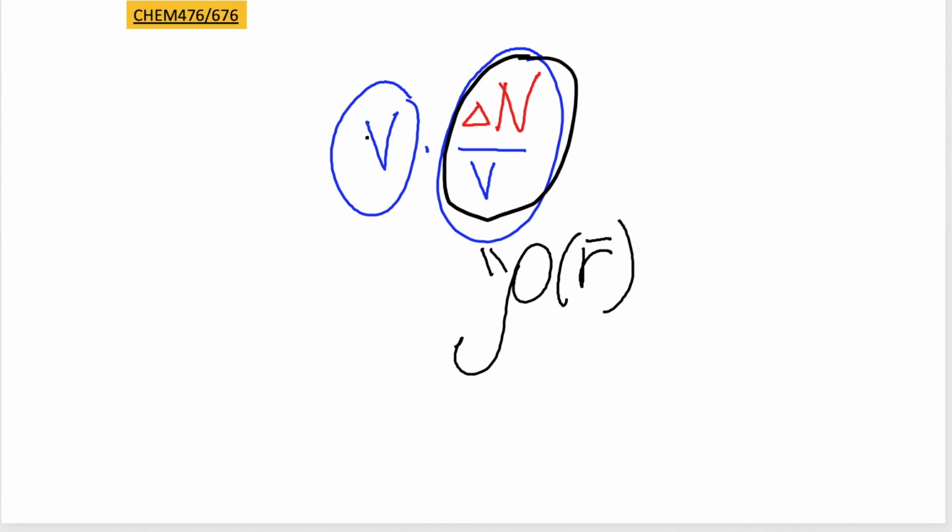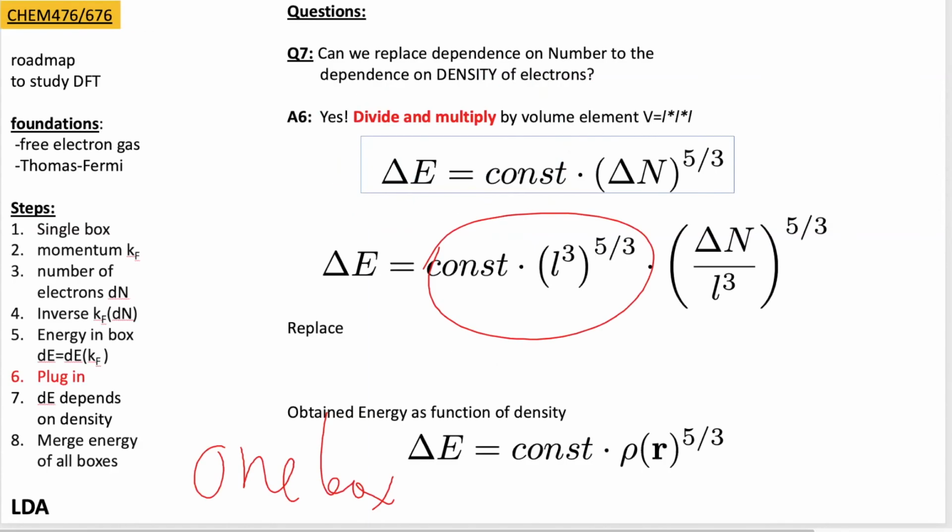So you have density multiplied by volume. So if you know the function of number, we also have a function of density. So we submit the volume inside this 5/3 equation, and as a price we will have volume to the 5/3 outside of this bracket.